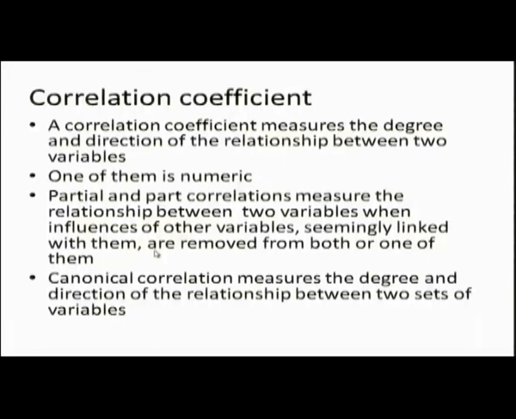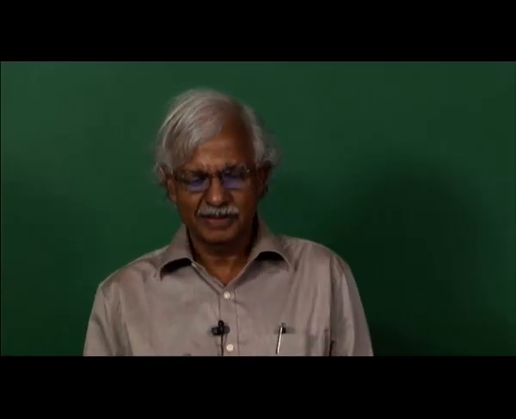Like, the relationship between x and y may often be due to some third variable z, because z is correlated with both x and y. So you do find an empirical relationship between x and y. If the effect of z is removed from both x and y, then what correlation coefficient remains between them? That is called partial correlation.